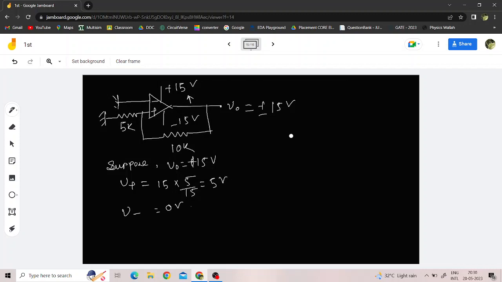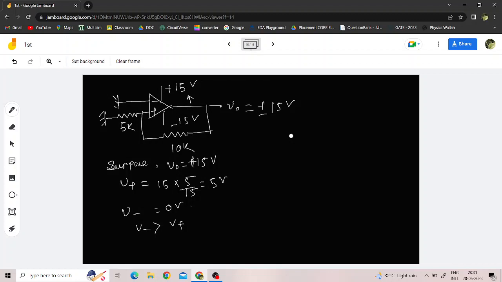Now to change the output from plus 15 volt to minus 15 volt, we have to make V minus greater than V plus, right? If the inverting terminal input is greater than the non-inverting terminal, then we get minus Vsat, right? This is the property of a simple comparator circuit using op-amp.